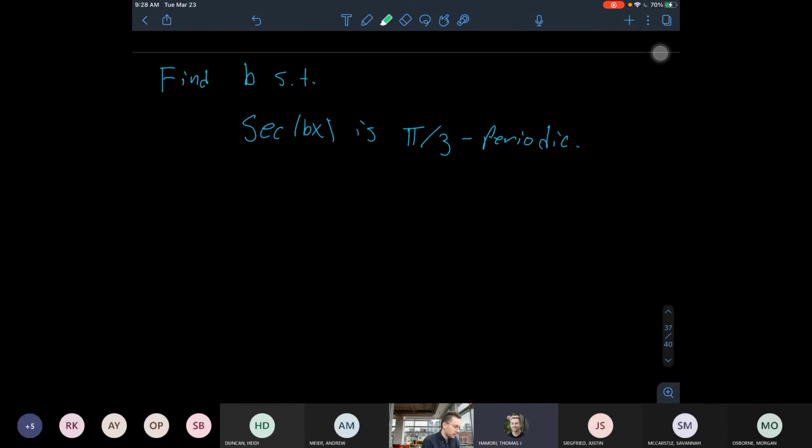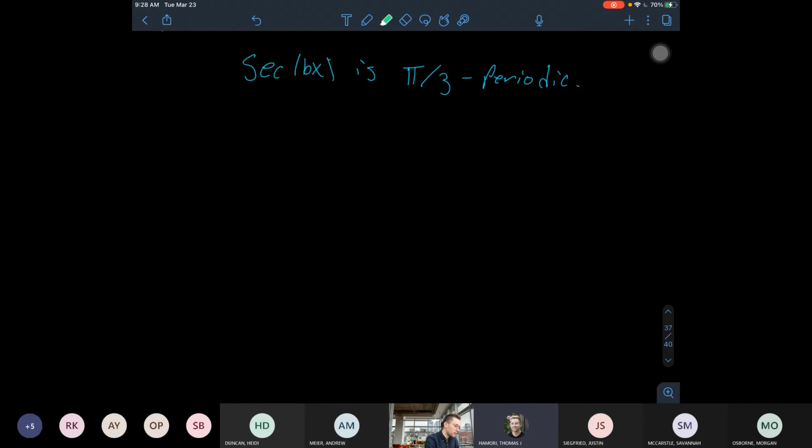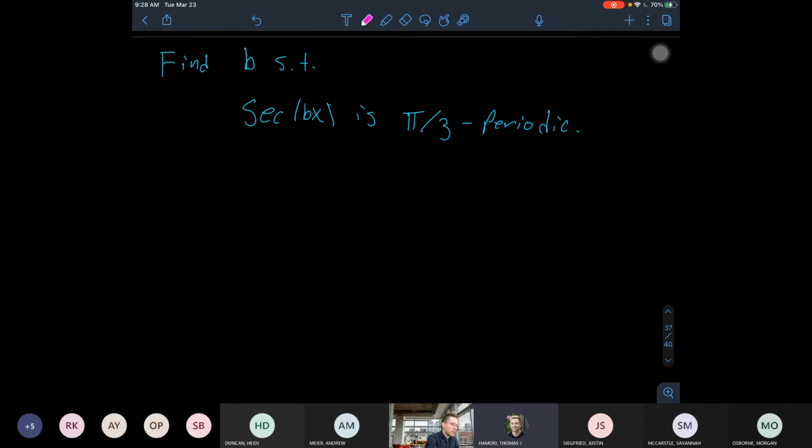Okay, so let's do a couple practice problems, and I think we're probably not going to make it to inverse trig today. But let's try a couple practice problems, like something that I could give on an exam or a homework, and just try to work with all of these. The first problem is we want to find a value b so that the function secant of b times x is pi over 3 periodic.